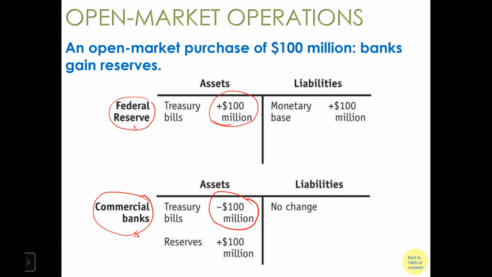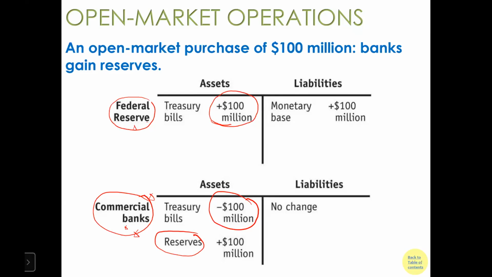This is, quote unquote, not literally paying. Essentially they just make a change to the commercial bank's account in the central bank. They add some reserve to the commercial bank's account in the central bank.